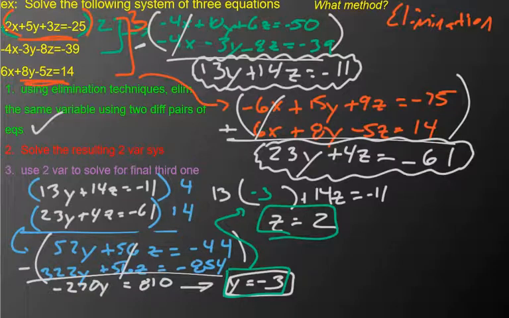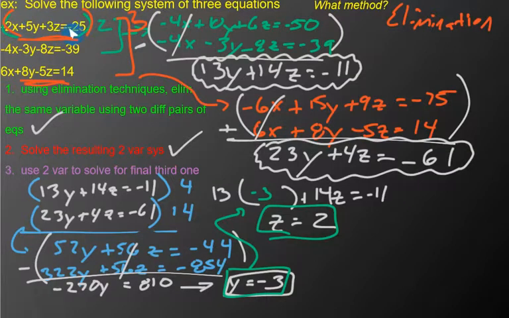So basically, all that was just solving a system of two equations, and then we use the two variables that we've solved for to solve for the final third one. Just like before with systems of two, we used 1 to get the second one. Now we're going to use 2 to get the third one. You can go back to any of these equations and plug in the 2 you have and solve for the third one.